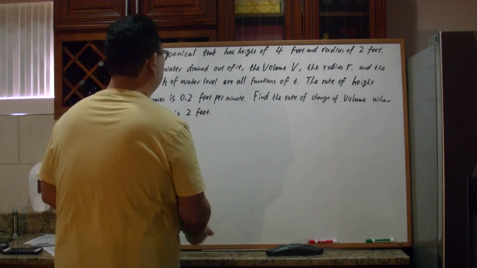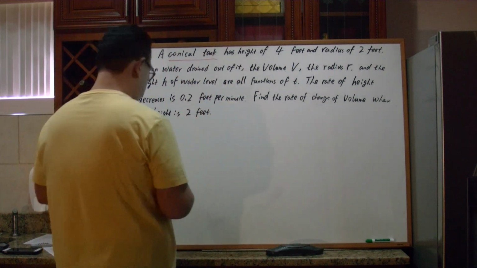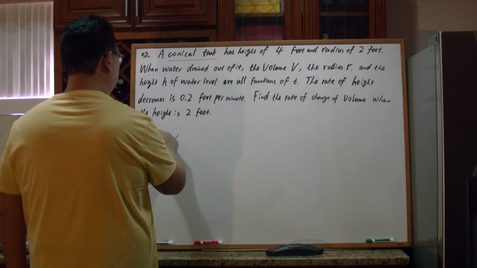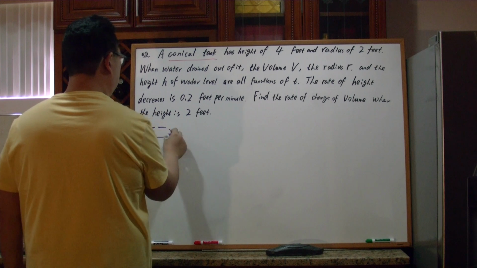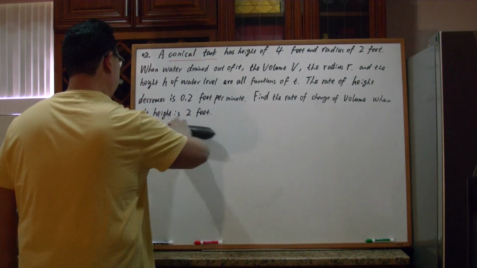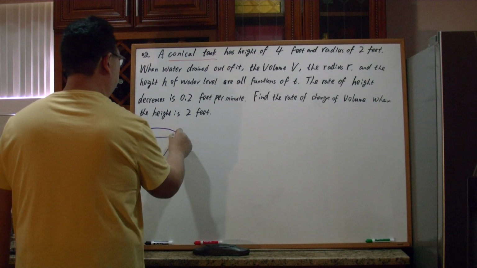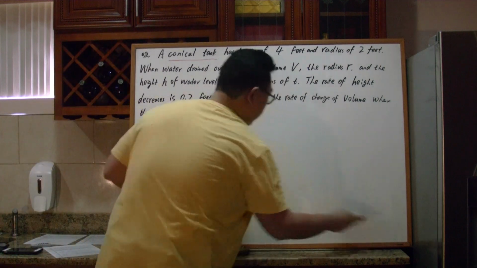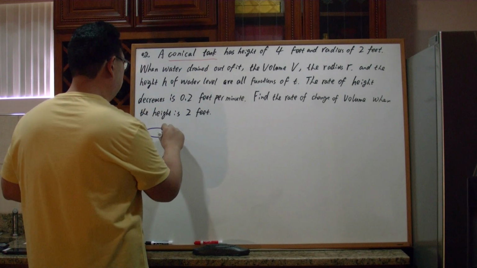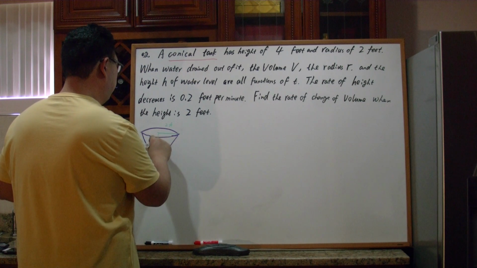So in this question, what we see is a conical tank, which is basically a cone. The cone-shaped tank might have a radius of 2 feet and the height of the cone is 4 feet.